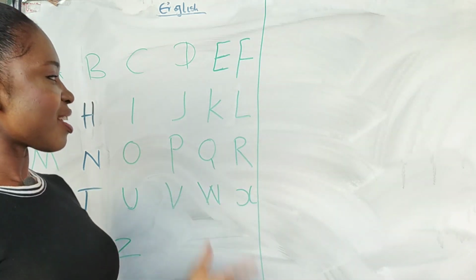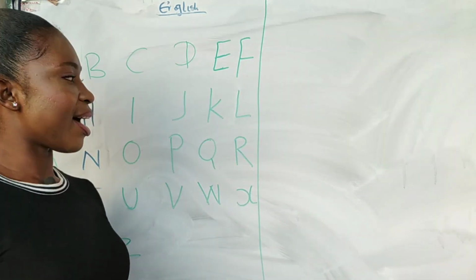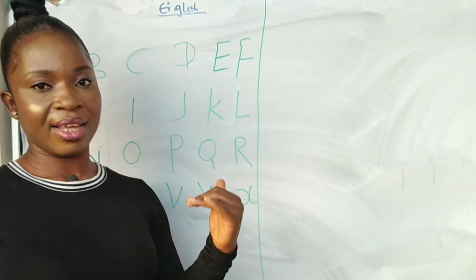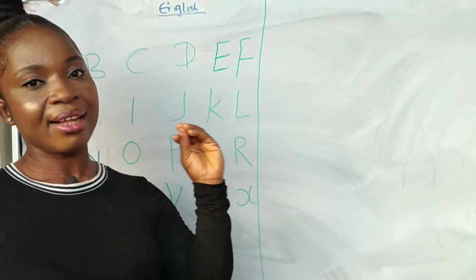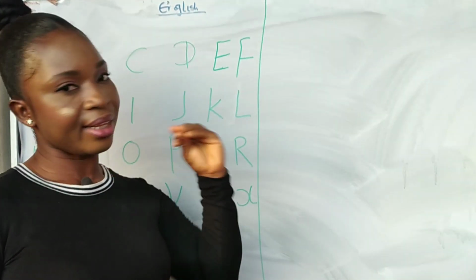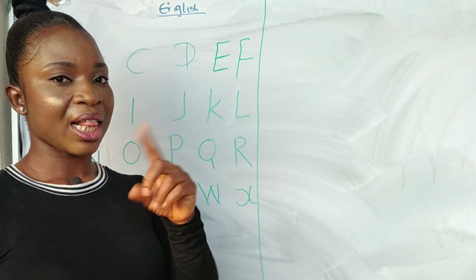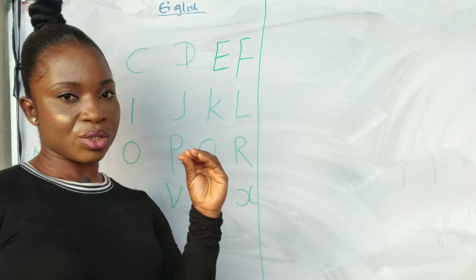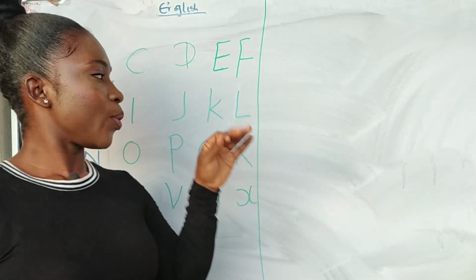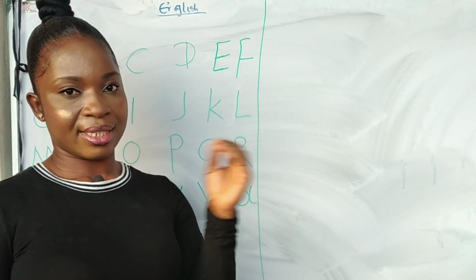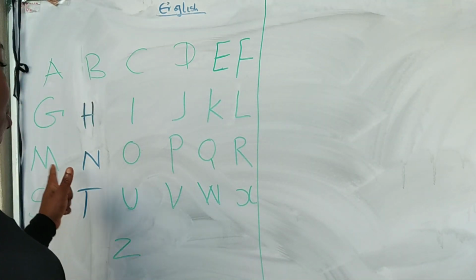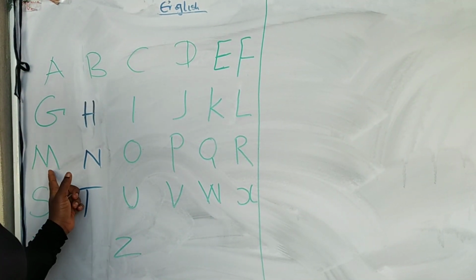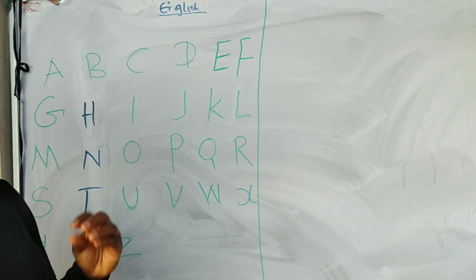Okay, the next one, which is the L, we have the L and the L. You have this L and not the R. L sound. So we have little, we have lizard, we have lantern. Okay, so let's move to M. This is M, and at the same time the me sound.